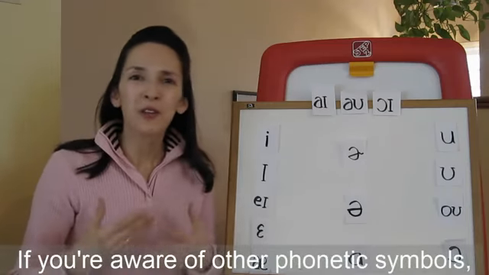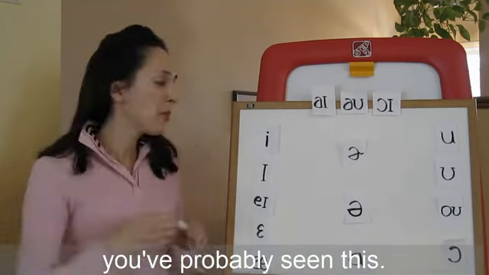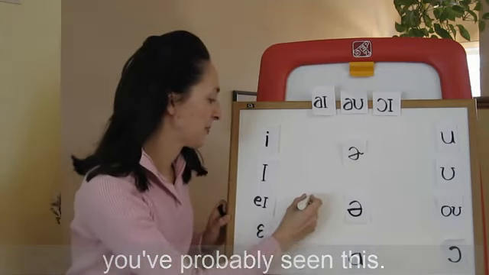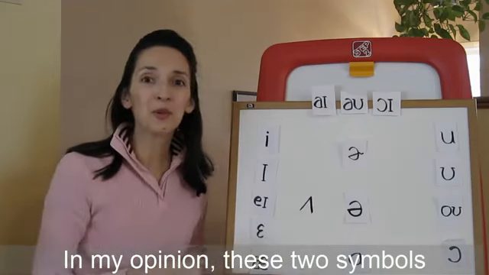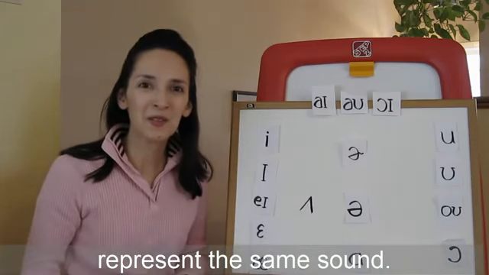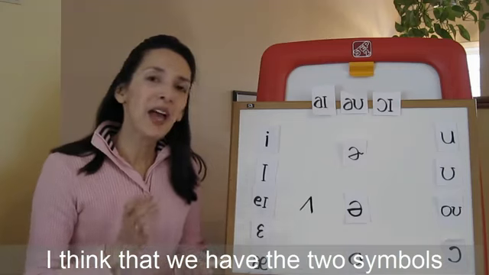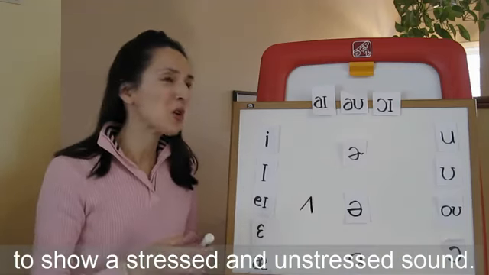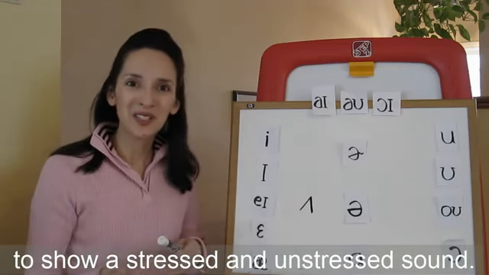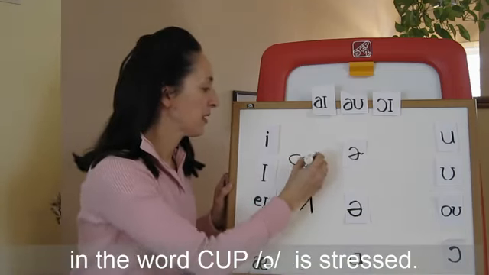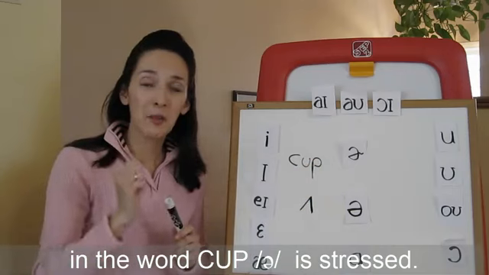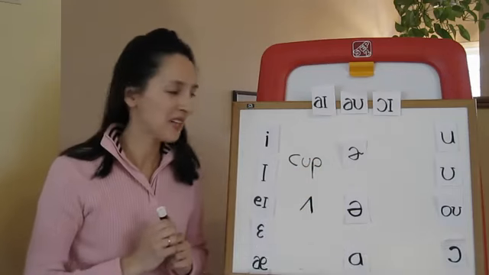If you're aware of other phonetic symbols, you've probably seen this. In my opinion, these 2 symbols represent the same sound. I think that we have the 2 symbols to show a stressed and unstressed sound. For example, in the word cup, it is stressed.